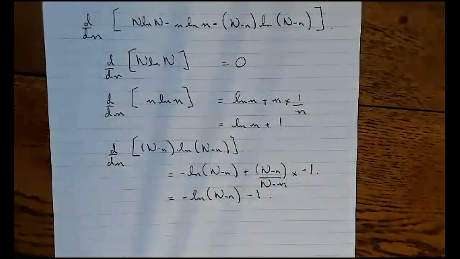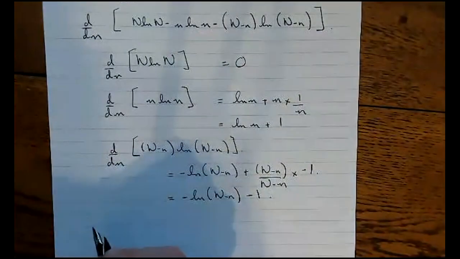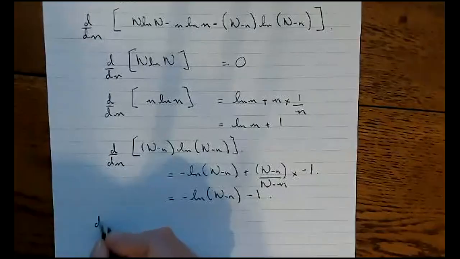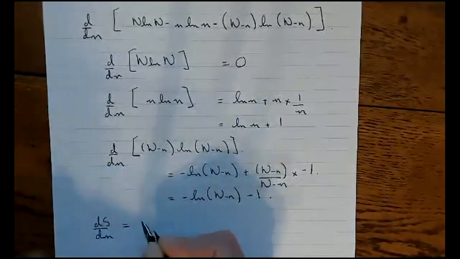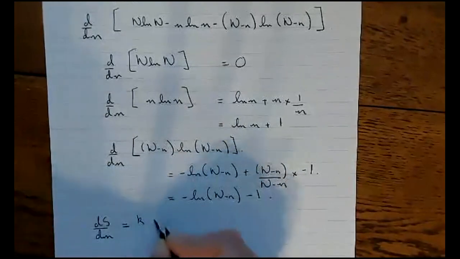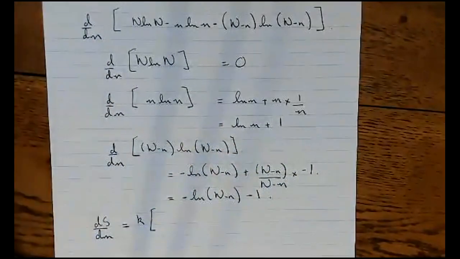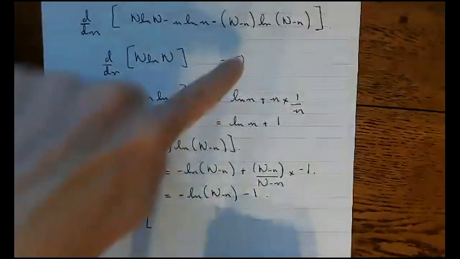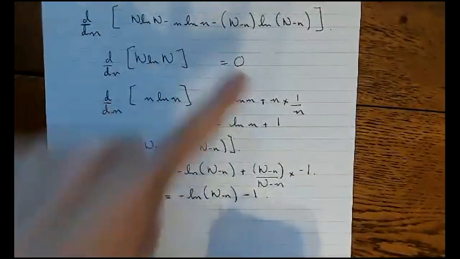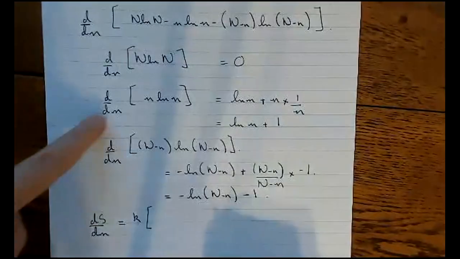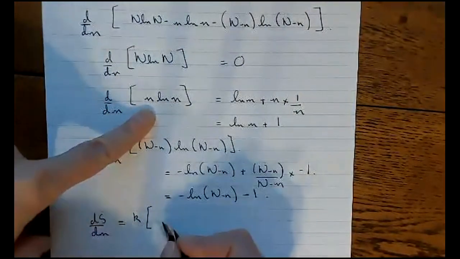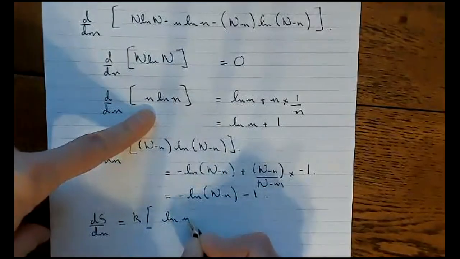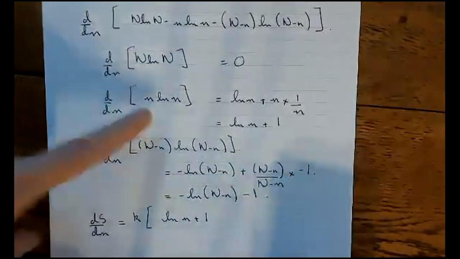Okay, so now we can collect all of the terms together. So dS by dn is equal to, and because we're dealing with the entropy, we'll be careful and we'll put our Boltzmann constant back in. So we've got k. So the first term was 0. Differentiating this gave us 0, so that's okay. Differentiating n ln n gave us ln n plus 1.